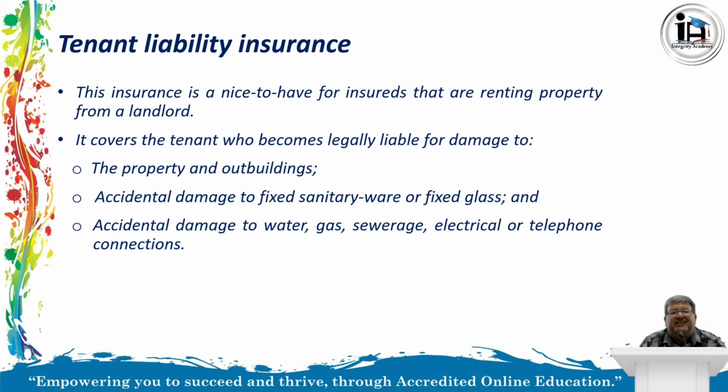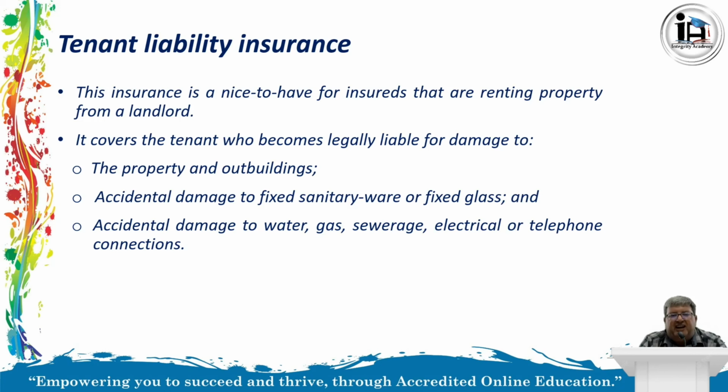So if you're a tenant and you damage that property and outbuildings, like making holes in the walls, or break the glass because your son played cricket outside and he hit a good six straight through two of the windows of the house, or they break the gas pipes or sewage or electrical wiring, not that they must play with electricity, or the telephone connections, you as the tenant are liable.